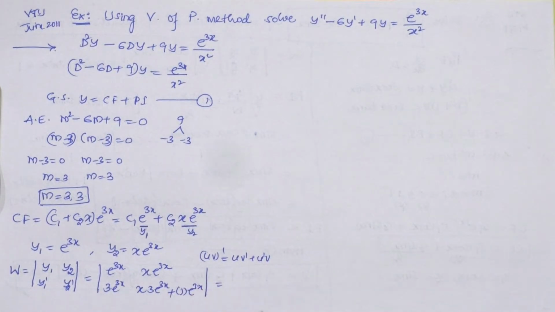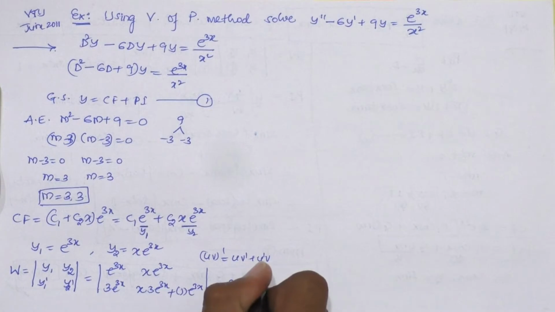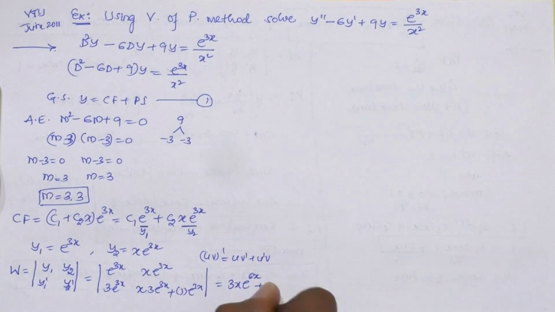Now let us simplify. It is a determinant. First the principal diagonal elements: e raised to 3x into 3x e raised to 3x will be 3x e raised to 6x, plus e raised to 3x into e raised to 3x, which is e raised to 6x.